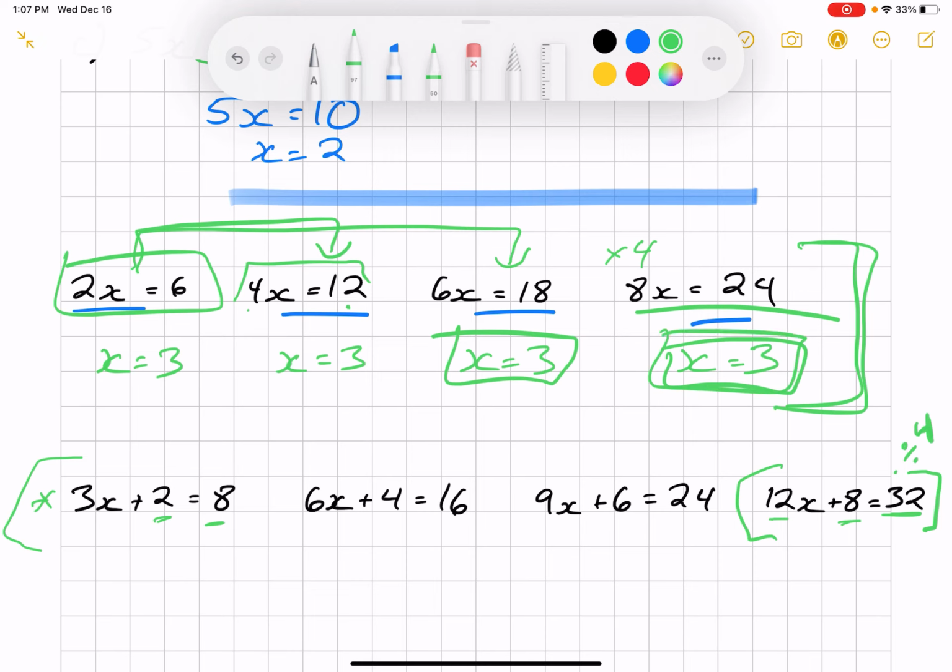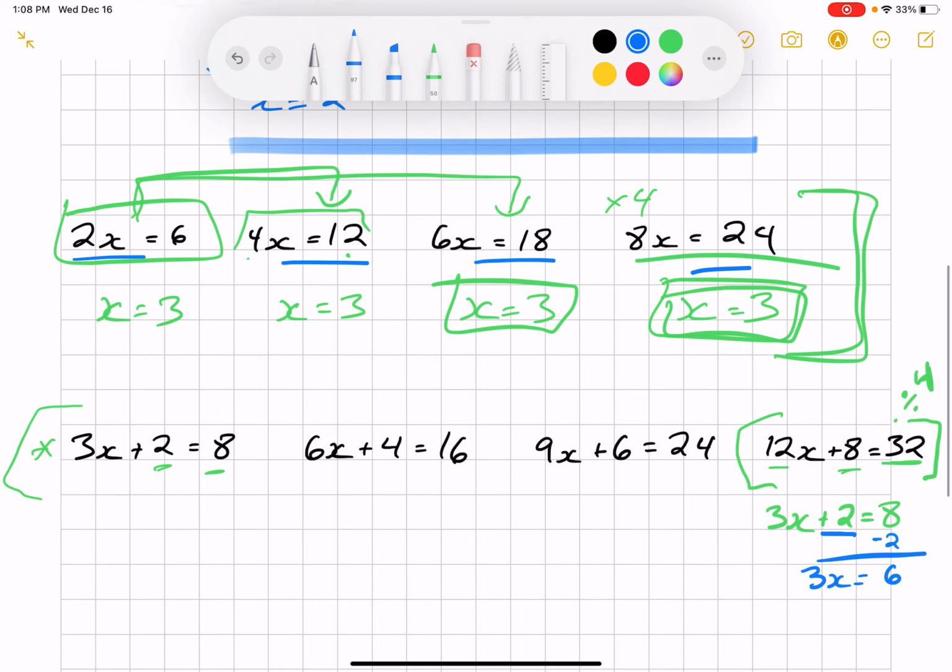So I can use this strategy to change this problem into a problem with smaller numbers that are easier to use. Then I can do that next step of removing this number so that it's easier to use. I can do that by subtracting 2, and that's going to give me 6 here. And so this is going to be 3x.